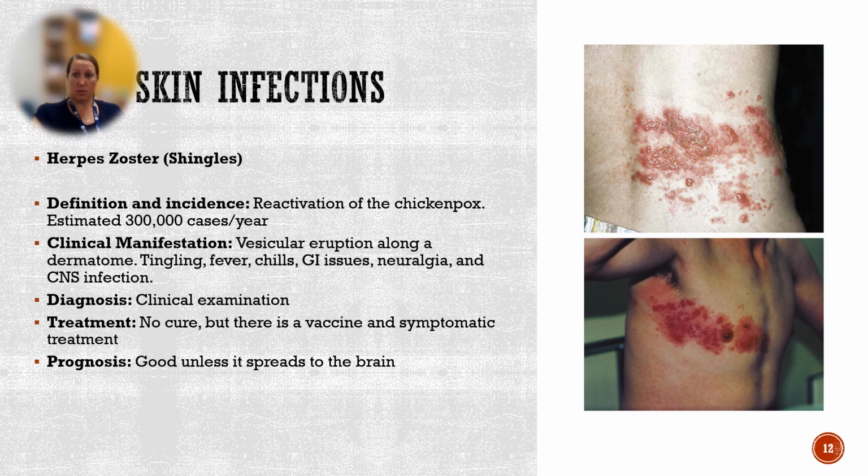Herpes zoster or shingles is a local disease brought about by the reactivation of varicella zoster virus, the same virus that causes systemic diseases called varicella, which is also known as chickenpox. The initial infection of varicella zoster virus is common during childhood.